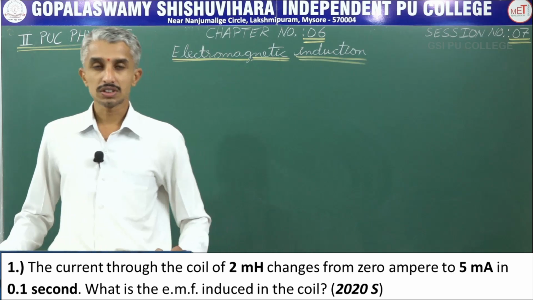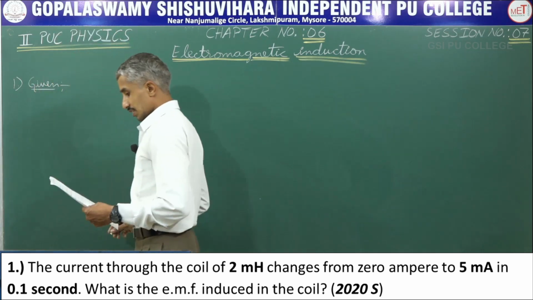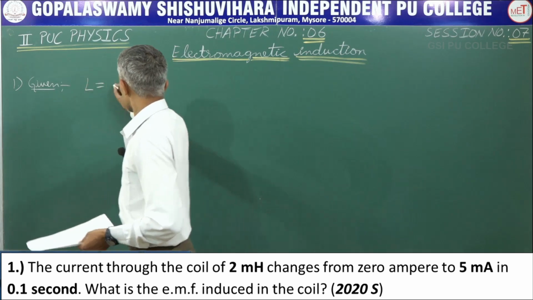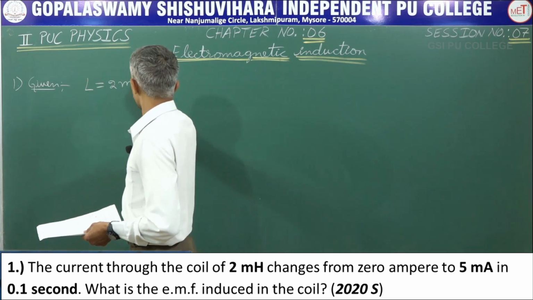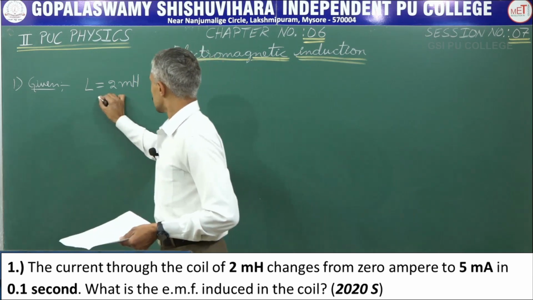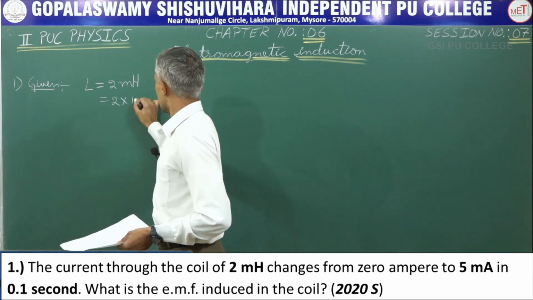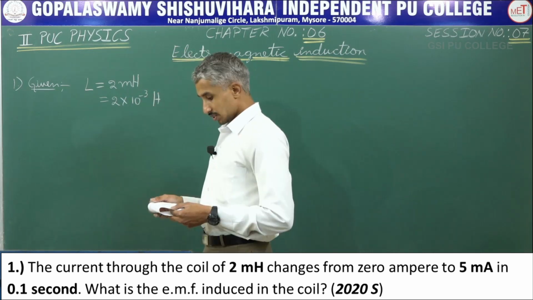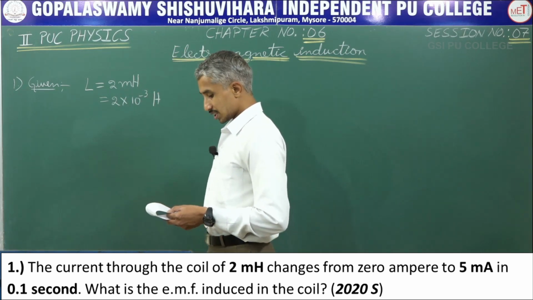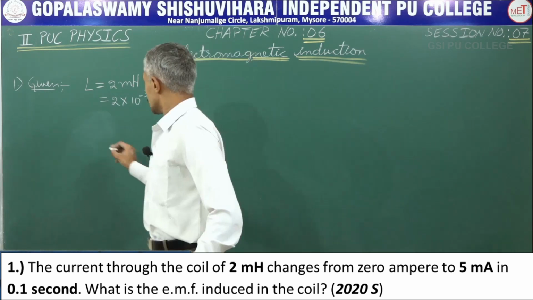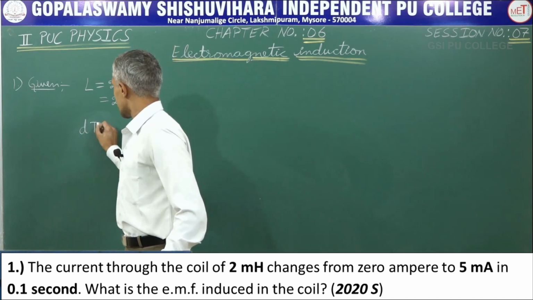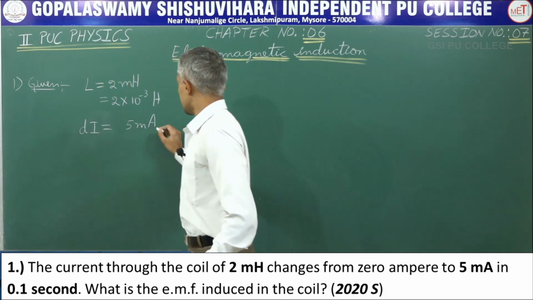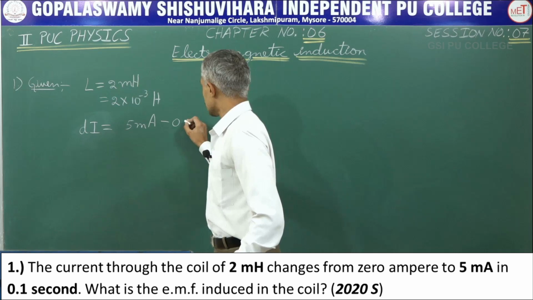So let us note down the data given. They are given the inductance of the coil L, which is 2 millihenry. Milli can be written as 10 to the power of minus 3 Henry. The current through the coil changes from 0 ampere to 5 milliampere. So I can write the change in current as the final value 5 milliampere minus the initial value 0.